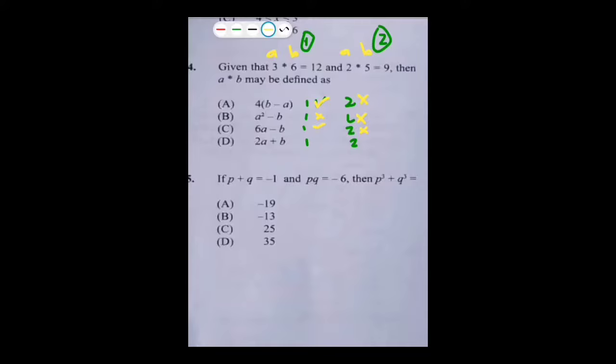Moving on to D, now we have 2 times A plus B for the first equation, so A is 3. 3 times 2 is 6, plus 6 equals 12, and then 2 times 2 is 4, plus 5 would give us 9. Hence, D is our answer.